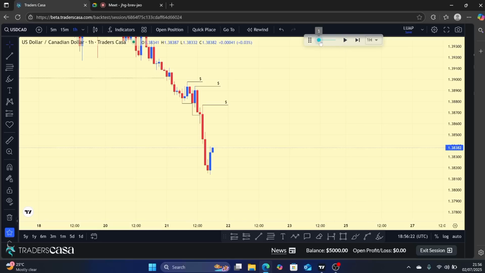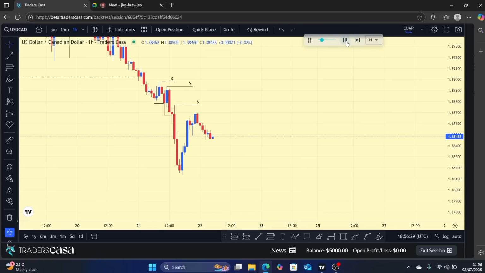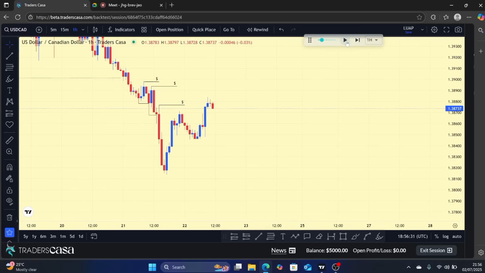So right now, let me run price and see what price does. You can see price is actually retracing, and I only need a takeout of the initial one. Exactly right here, you can see price has grabbed the recent buy side liquidity. It doesn't matter if price breaks past that or just sweeps this initial one.